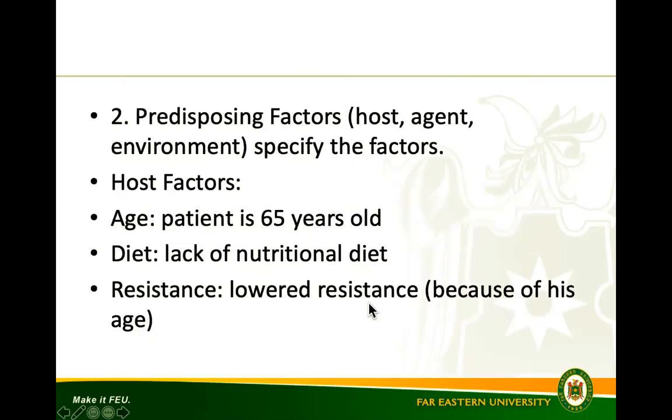The next is the predisposing factors. So you will just specifically identify what particular factors have predisposed the patient to developing the disease.